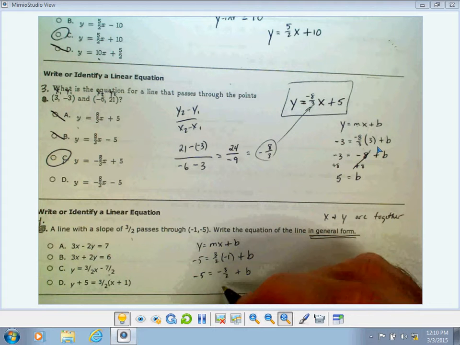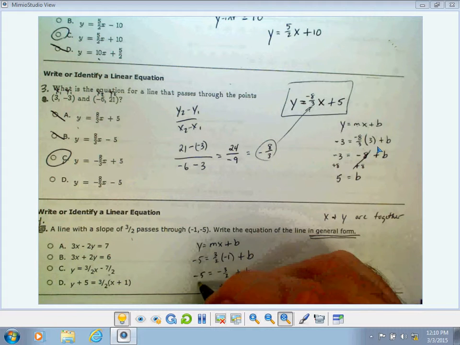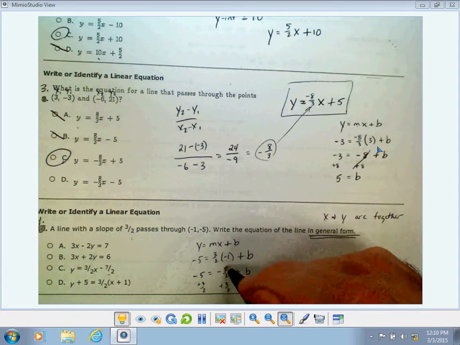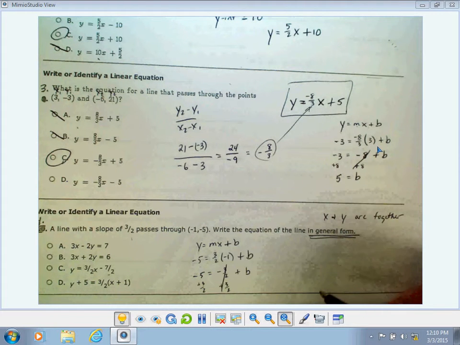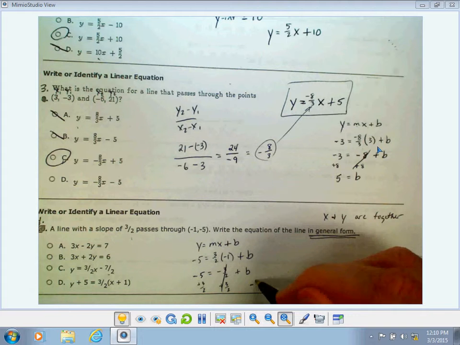And I'm going to add 3 over 2 to both sides then, so that this cancels. Okay, so negative 5 plus 3 over 2, or plus 1.5, is going to be negative 3.5 plus b, or equals b.